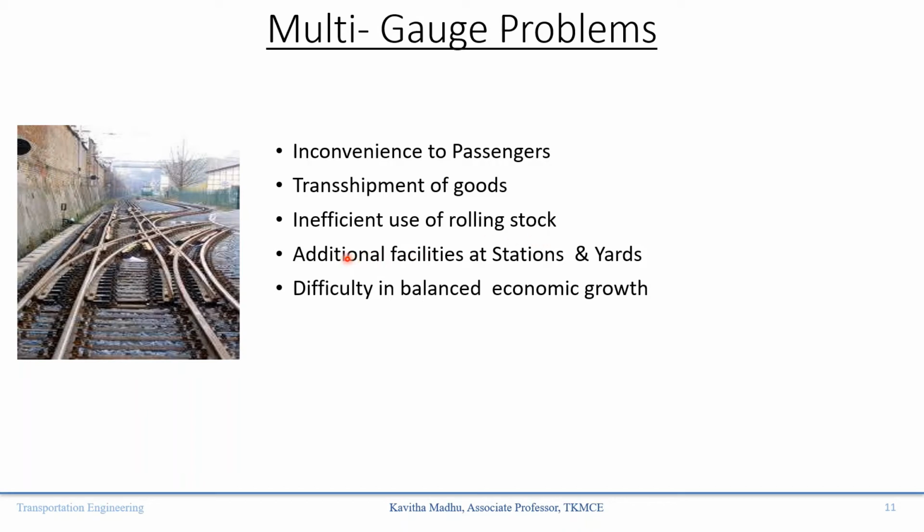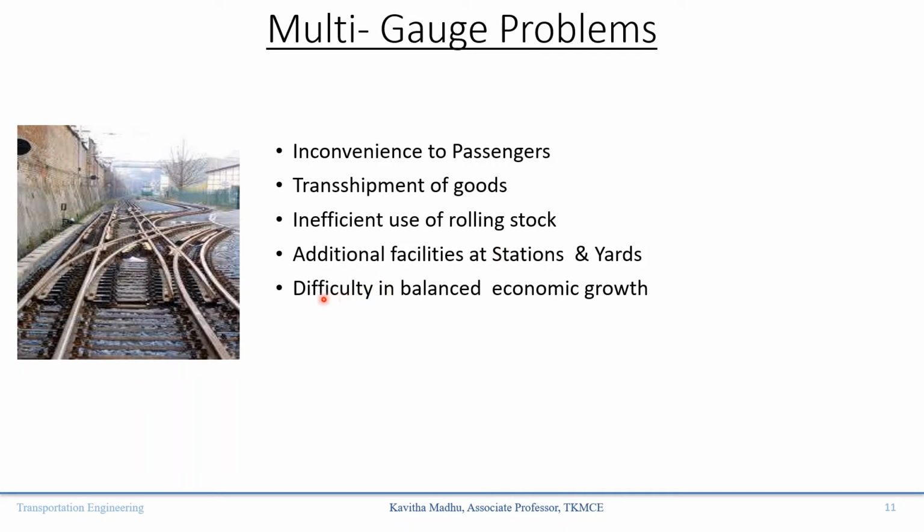Then additional facilities are required at stations and yards to make people move from one platform to the other. We have to provide extra facilities there. Then again, it hinders the fast movement of goods and traffic.